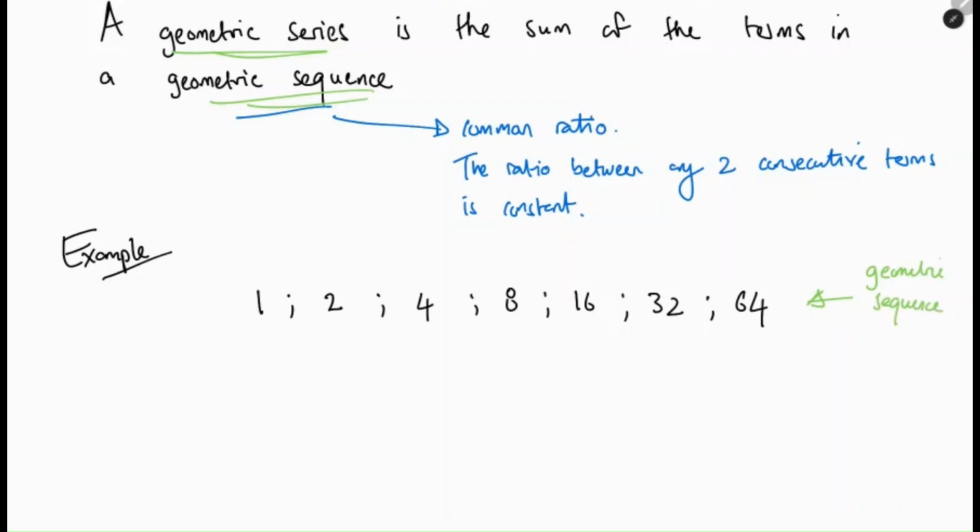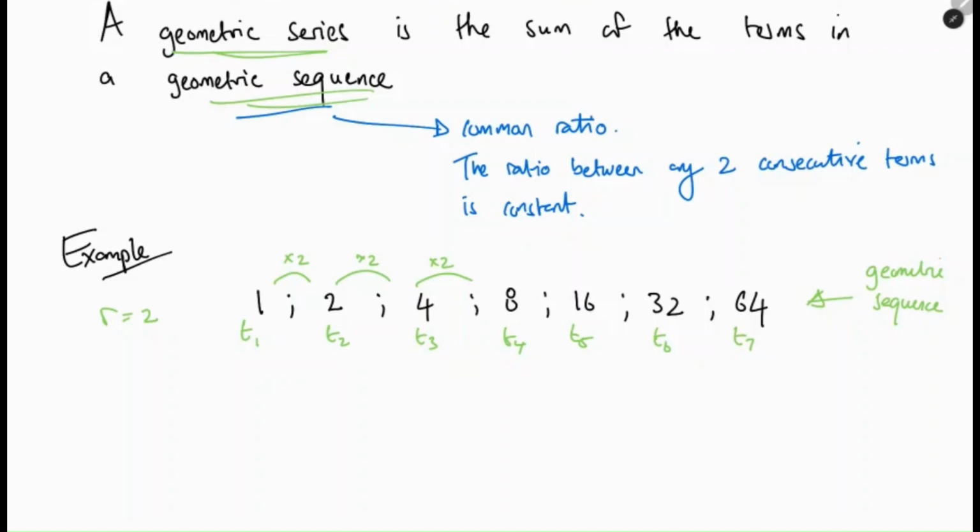Well, there's a common ratio. r is equal to 2 because 1 times 2 is 2, 2 times 2 is 4, 4 times 2 is 8, etc. It's always multiplied by 2. So that's how we know it's geometric. And how many terms do we have? Well, this would be T1, T2, T3, T4, T5, T6, and T7. So it's a geometric sequence with 7 terms.